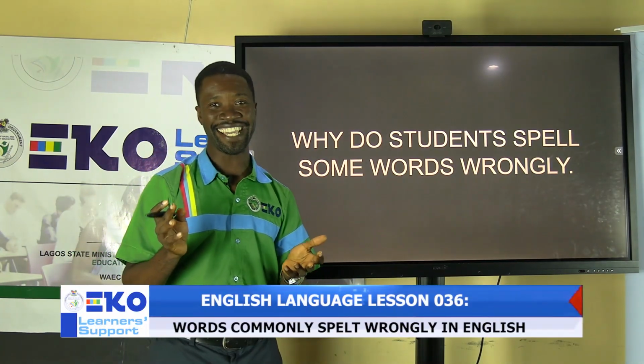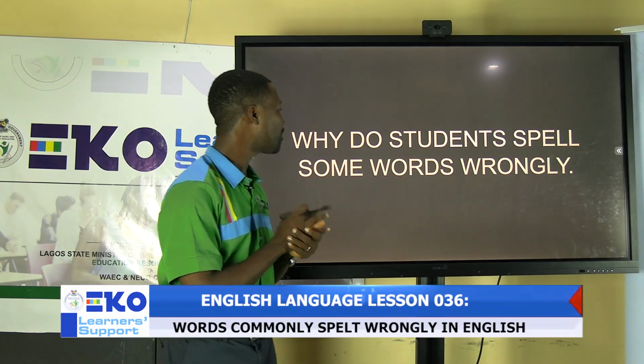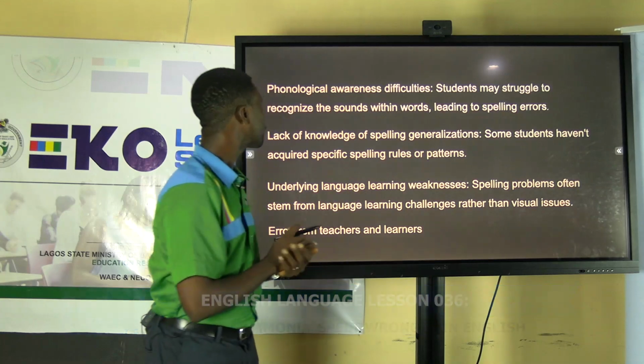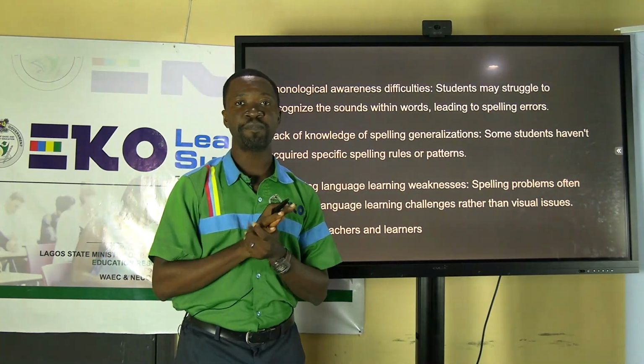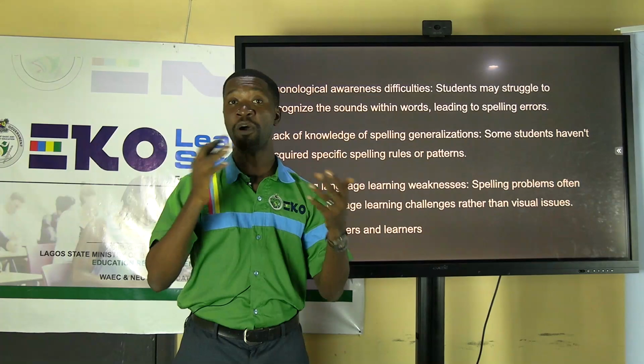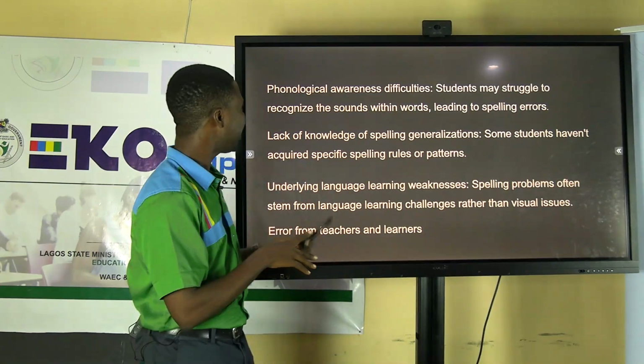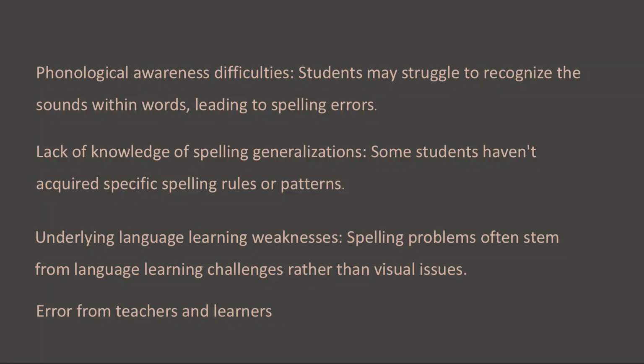The question is, why do students spell some words wrongly? Students spell words wrongly for a number of reasons, and one of those reasons is phonological awareness difficulties. Many times we find that students struggle to recognize the sounds within words, which usually leads to spelling errors.